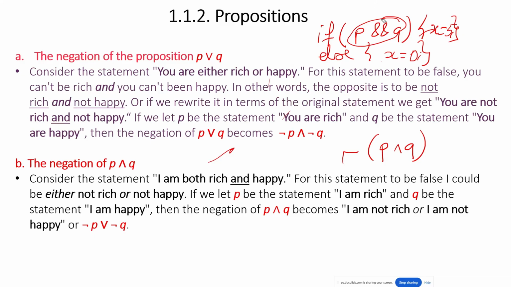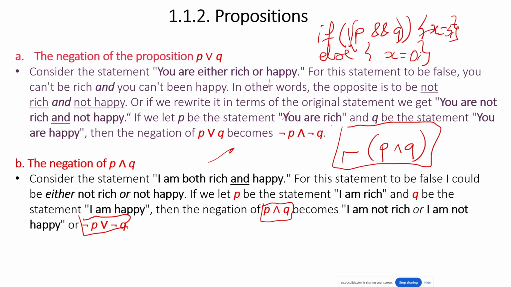So what you can do in Java is just put not, and then the parentheses. But instead of doing the not and the parentheses, you should know that the negation of this becomes exactly like this.